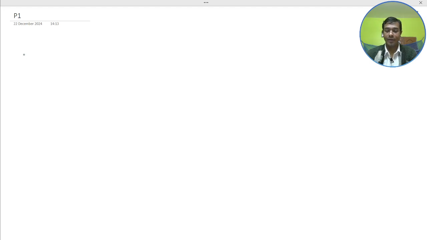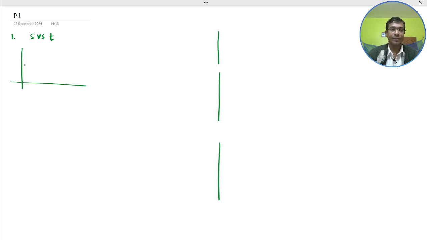So go ahead, our next topic is graph plotting. Formally, displacement versus time, the s versus t graph. When the particle is at rest, the graph would be this one.